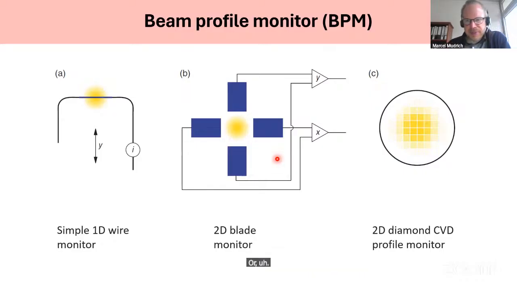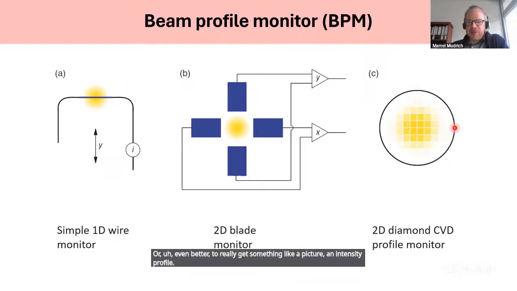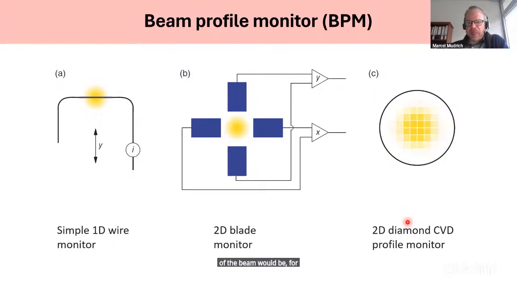Or even better, to really get something like a picture, an intensity profile of the beam, would be, for example, these two-dimensional diamond, very thin deposited layer on some substrate that, of course, needs very high heat conductivity, because there's a high heat load on these elements at what is called the front end of the synchrotron beam line.